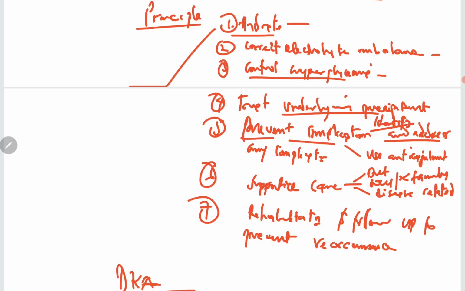It is important to follow up the patient. So, you must of course educate your patient on the disease process, how he can take care of himself at home, and how he can get back to the society and be productive.